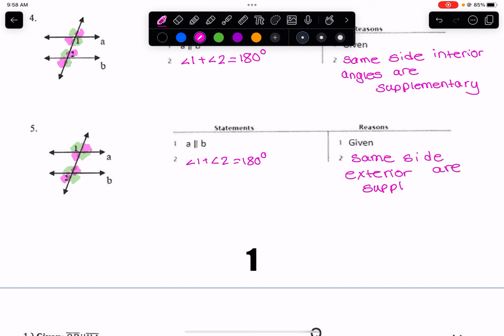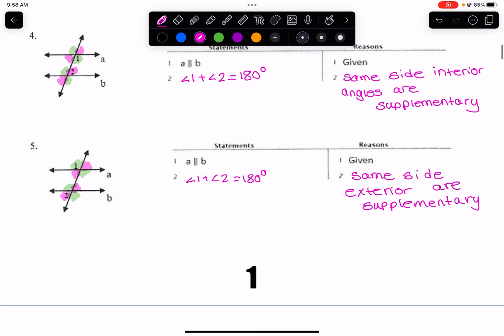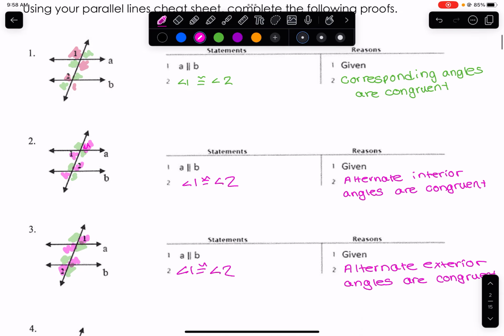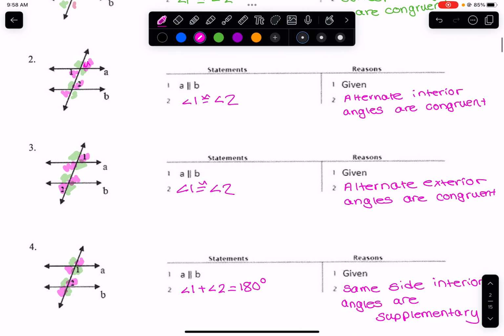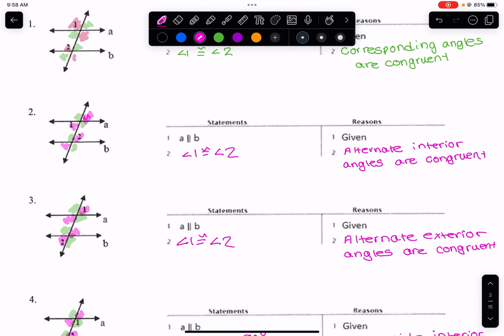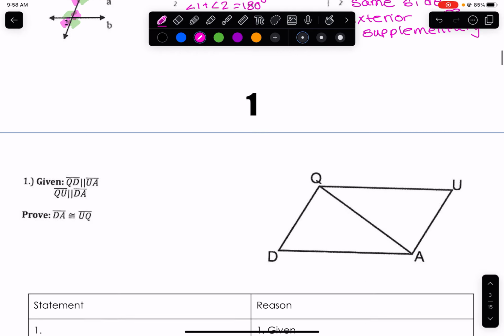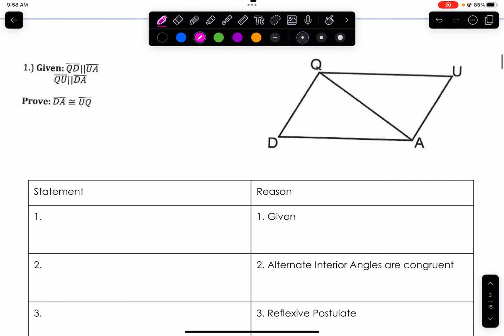So when you're given parallel lines, you'll be able to say something about the angles given one of these relationships, right? So depending on the angles that you're looking at, you might have alternate interior, you might have corresponding, depends on the proof. So an example of this is on the next page.